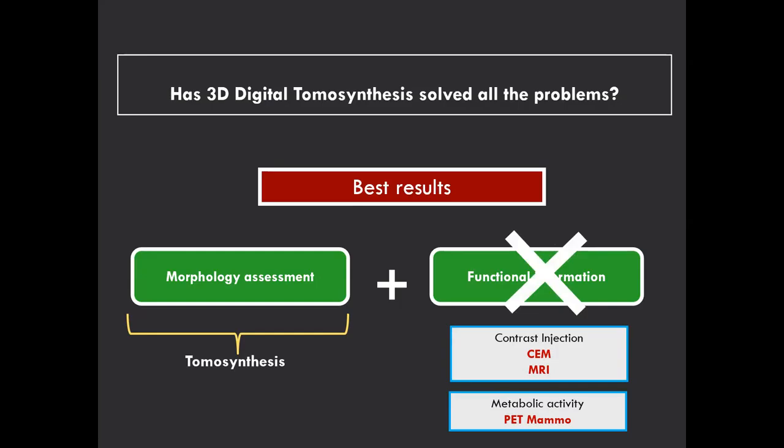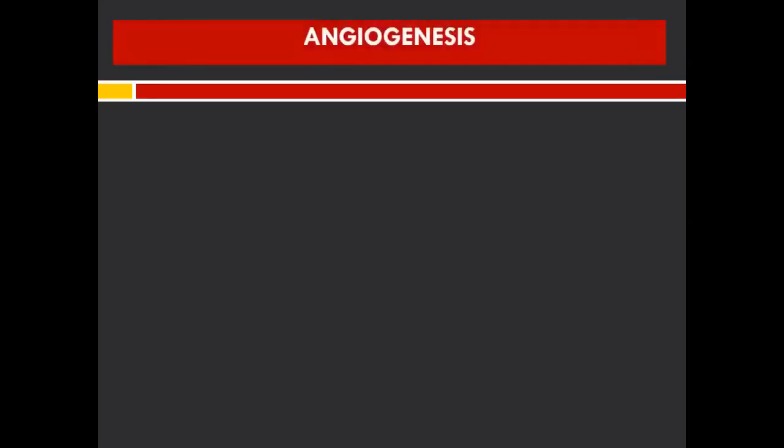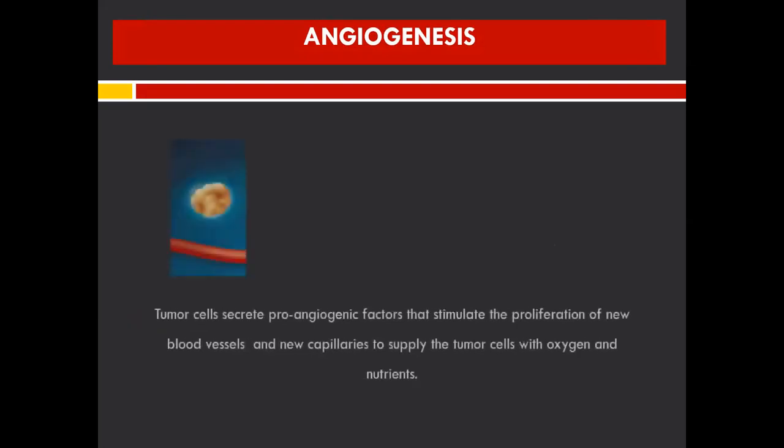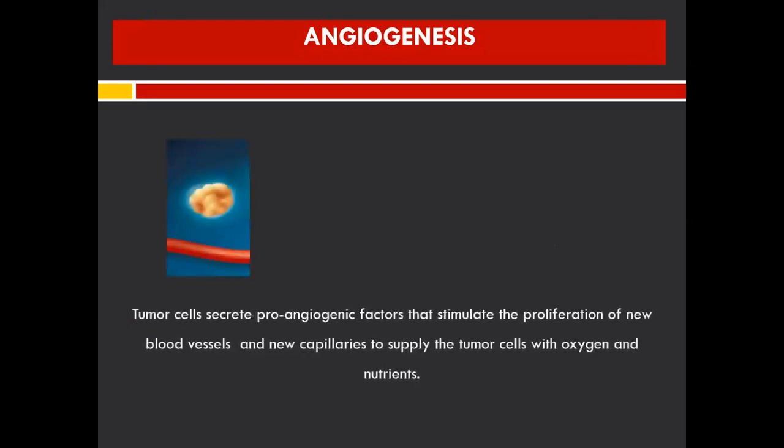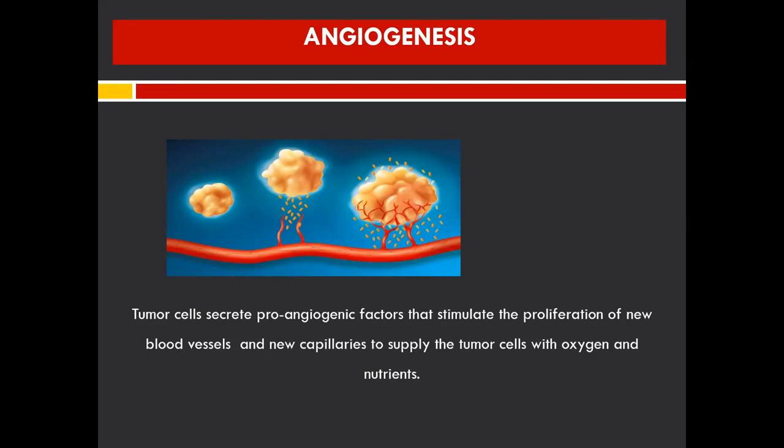That's why we moved another step, and now we have modalities which depend on the process of angiogenesis through the injection of contrast media. As the tumor cells enlarge and divide, they secrete a pro-angiogenic factor. This pro-angiogenic factor stimulates the proliferation of new blood vessels and new capillaries to supply the tumor cells with oxygen and nutrients.